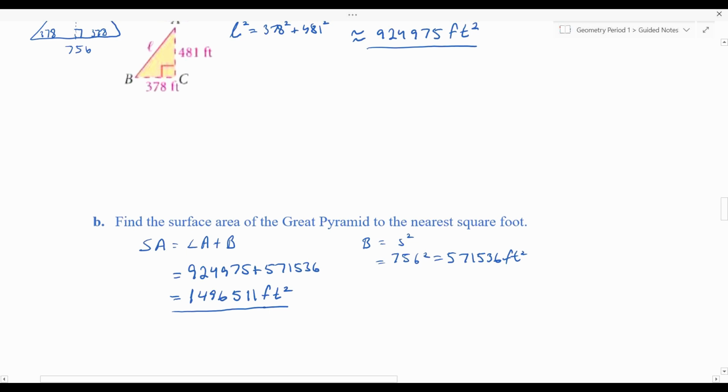And this right here is our answer for this problem. All right? Good.